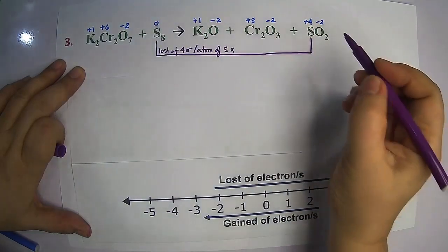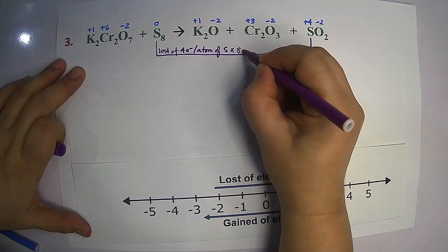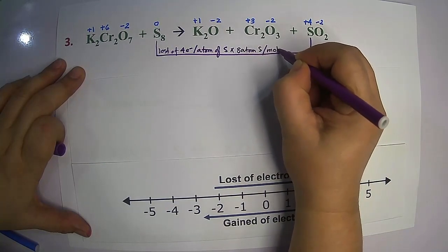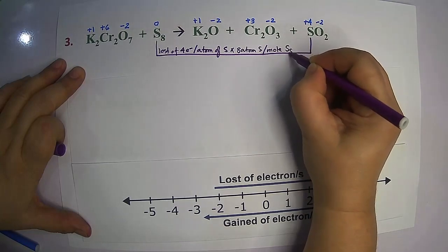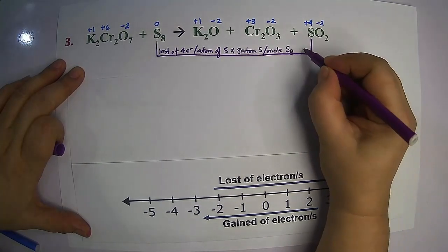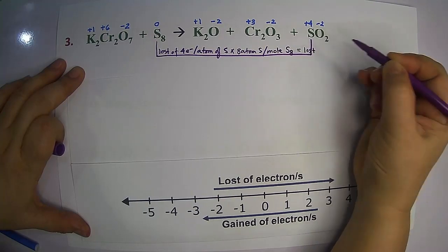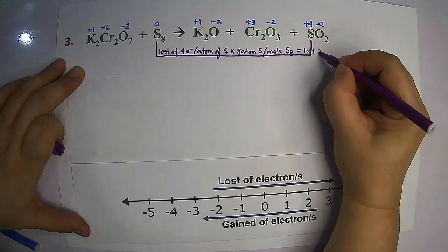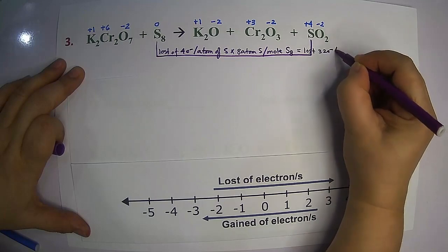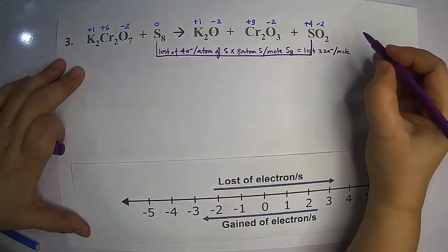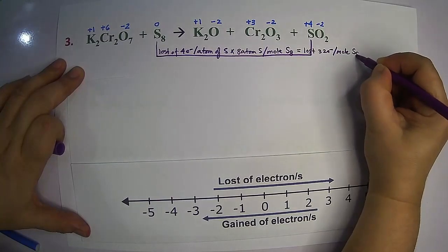But in this molecule, you have 8 atoms of sulfur per mole of that crystal structure of sulfur S8. So there is a total loss of 4 times 8, 32 electrons per mole of the molecule S8.